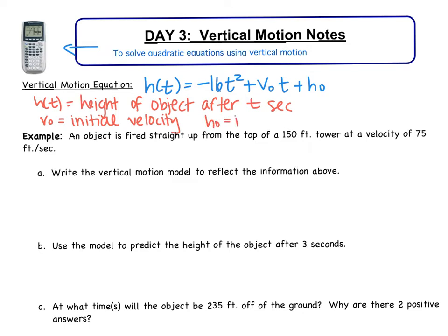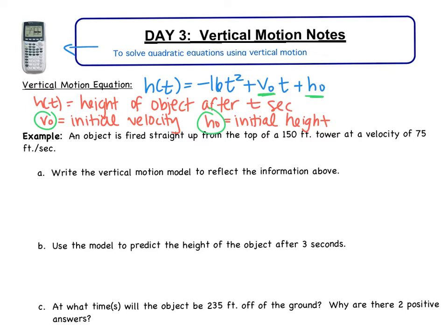And h naught is the initial height. Okay, so one thing to know is that v naught and h naught you will always be replacing. So in the equation, you're always going to have numbers you're plugging in there. But h and t are just going to stay h and t. You're always going to have those two variables like you do in any equation.